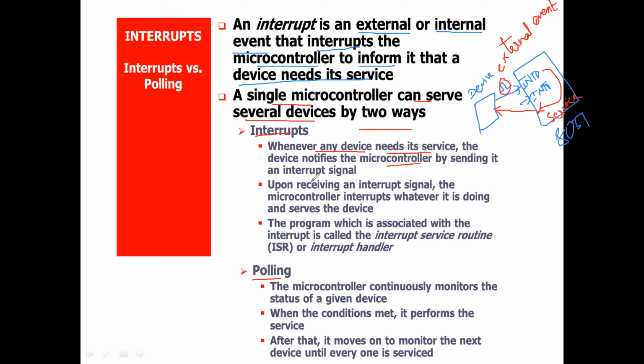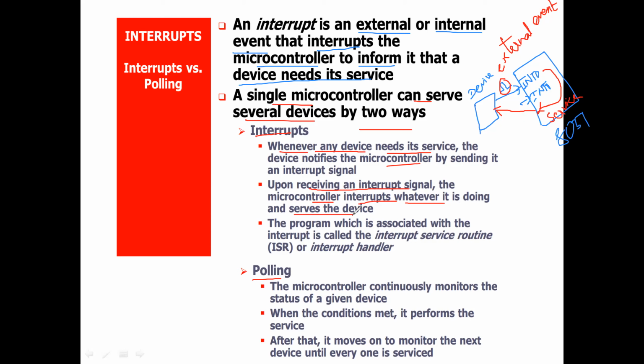Keep in mind, whenever a device needs service, this is the concept: upon receiving any interrupt signal, the controller interrupts whatever it is doing to service the device. That is, whatever it is doing, it stops the process and services the corresponding device.